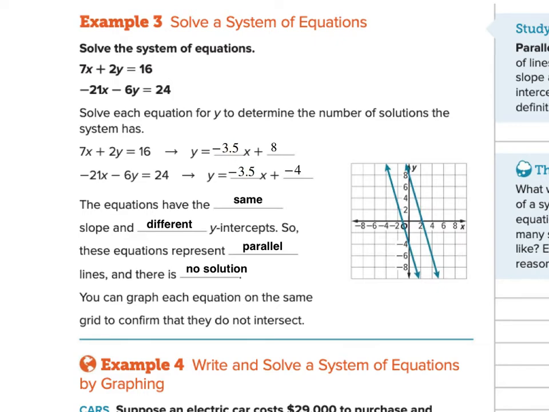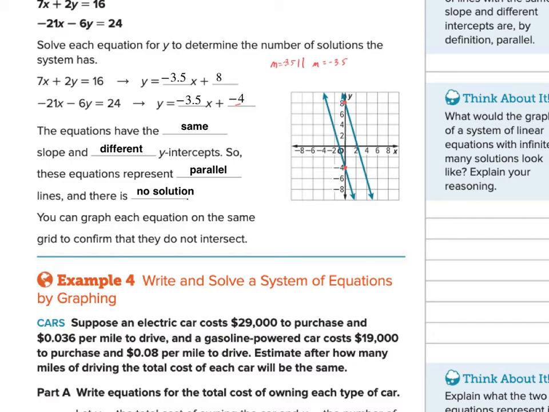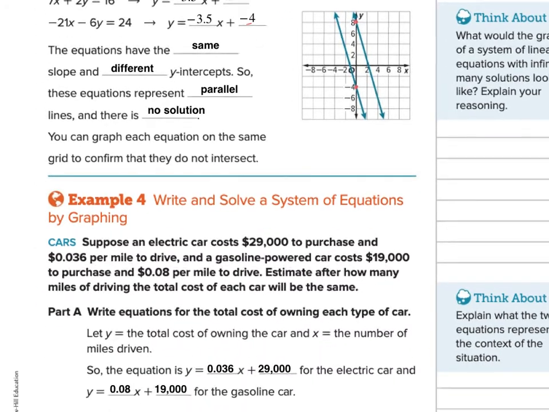Remember parallel lines, so the slope of -3/5 is parallel to the slope of -3/5, okay? But my y-intercept is two different values. So that is why we have parallel lines, because they intercept the y-axis at two different locations. So same slope, different y-intercepts, no solution, inconsistent, because we expect intersections.